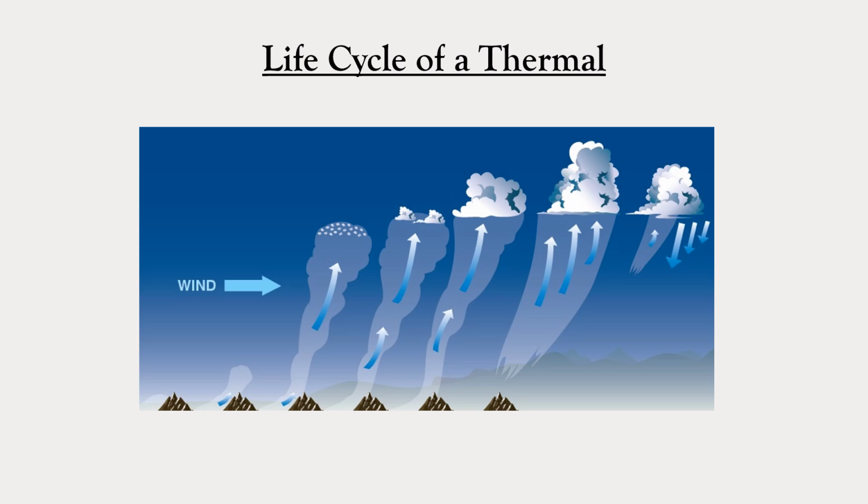Once that happens, eventually it dissipates. The cloud may stay in place, but you're no longer getting this nice updraft of air under the cloud, and you can even get a lot of descending air.